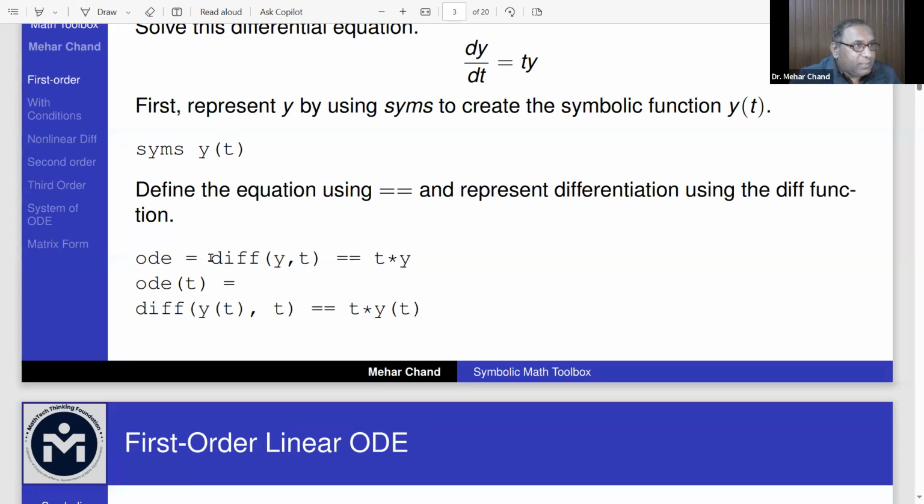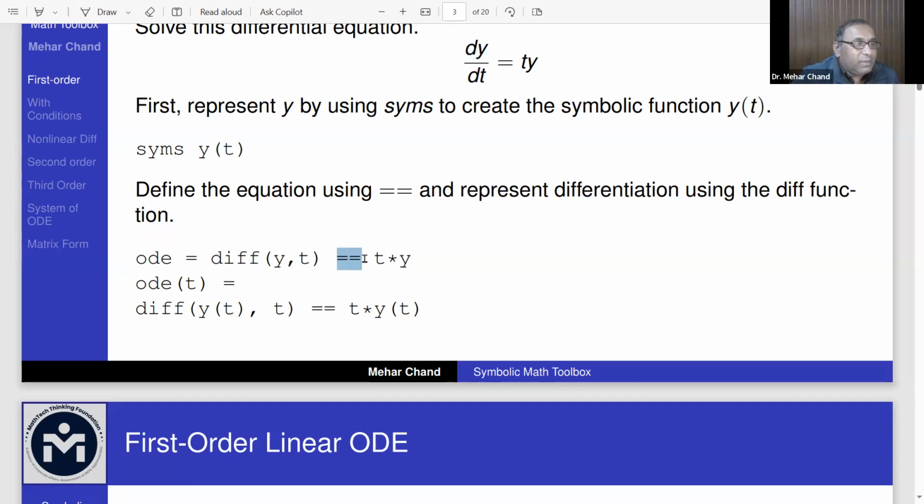Observe only this part. diff(y(t)) is dy upon dt from this equation, because y is a function of t and diff means the first order derivative of y with respect to t. Then we use double equal at its place.